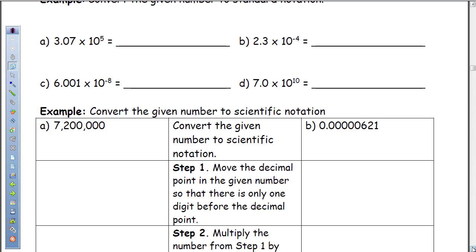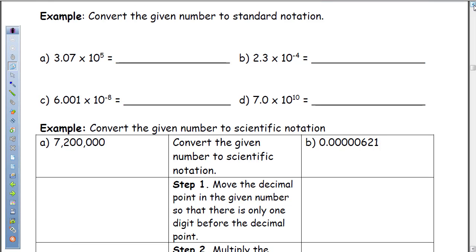All right, so now we want to convert these numbers to standard notation. We can see that they're all in scientific notation, okay? Because we've got the base between 1 and 10, and then we're multiplying it by some power of 10. And we know now which direction this moves things.